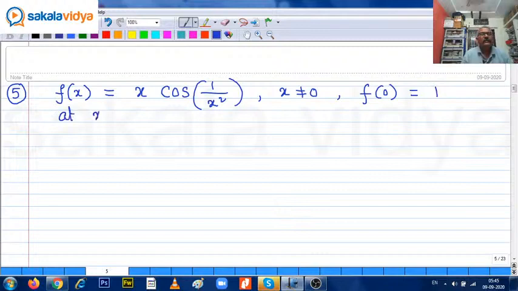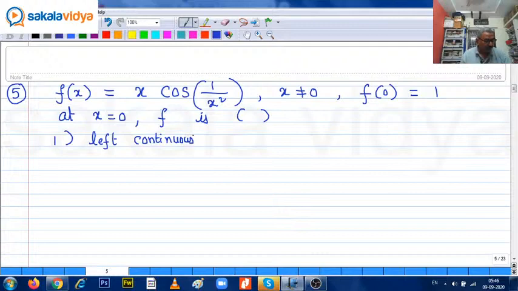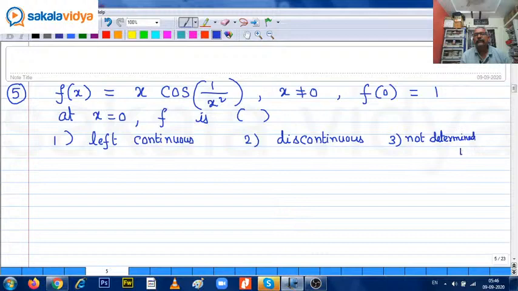At x equals 0, f is: first option left continuous, second discontinuous, third not determined, fourth none.